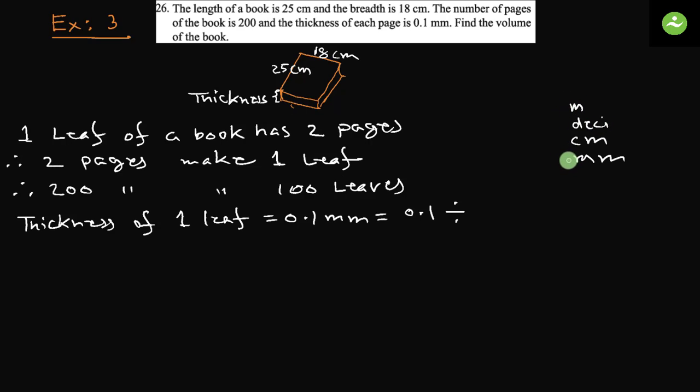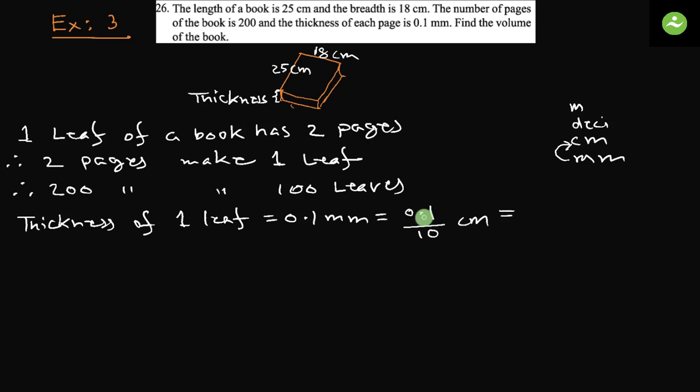So from millimeter, if we convert to centimeter, we have to divide by 10. So 0.1 millimeter means 0.1 divided by 10 centimeter.